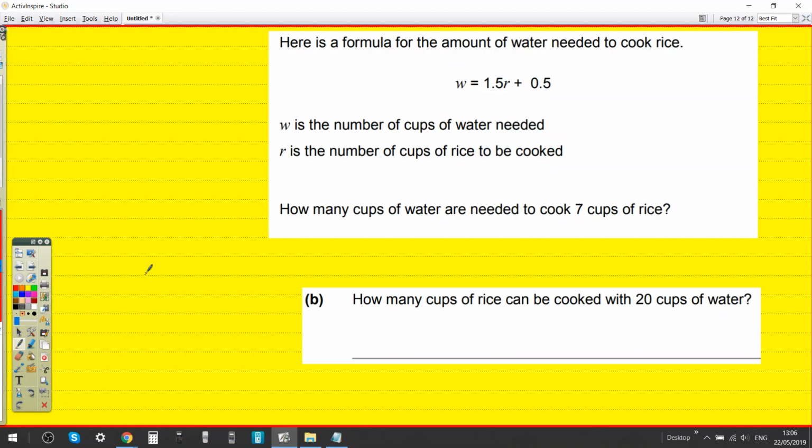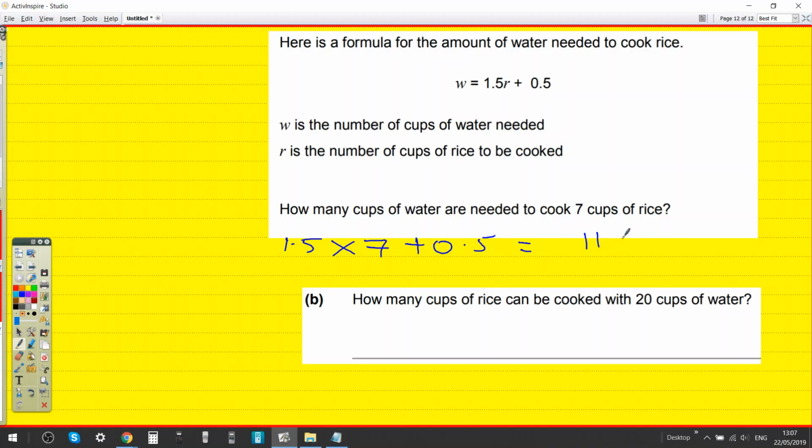Not really. I wouldn't overthink that part. Right. Okay. How many cups of water are needed to cook 7 cups of rice? So I guess it would be 7 times 1.5. Yep. Plus 0.5. So that's 7 times 1.5 plus 0.5. 11. There you go.